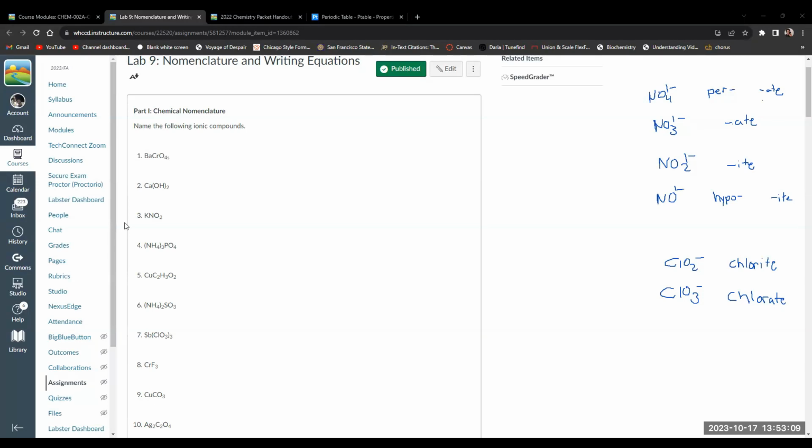And like I said earlier, if we have a transition metal, we're going to be using Roman numerals to indicate the charge. So let's take a look at number 9.